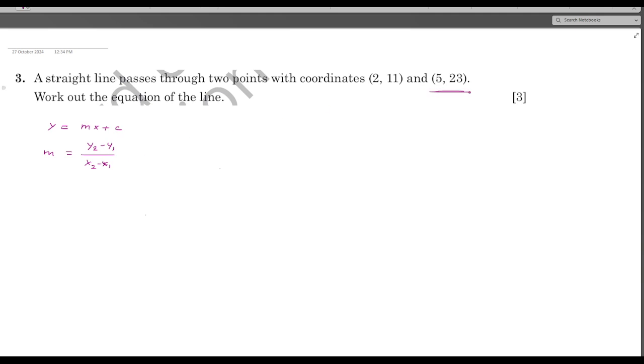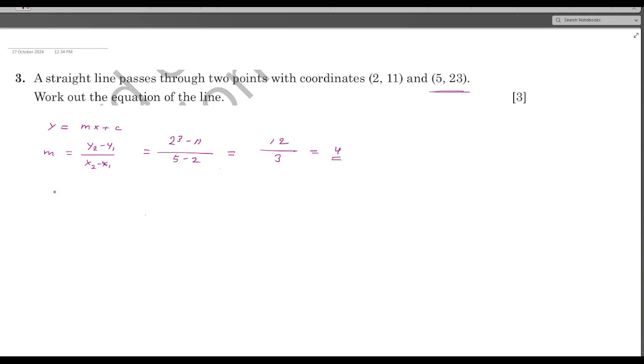Let us consider this as x2, y2. So here this will be 23 minus 11 divided by 5 minus 2. So 23 minus 11 is 12, divided by 5 minus 2 which is 3. So 3 times 4 is 12. So here the value of m is 4.